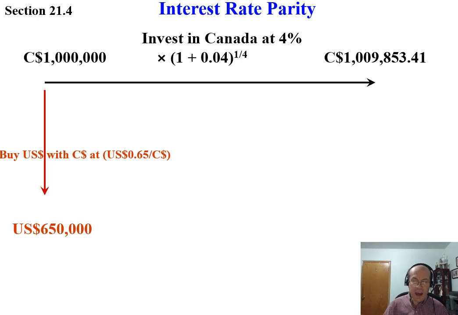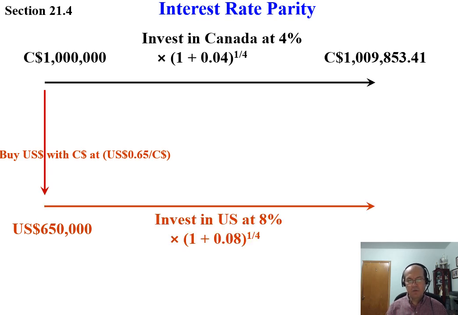Now we will invest this $650,000 at 8% interest rate in the United States for the same 90-day period. So to find out how much we will have in US dollars in 90 days, we will multiply 650,000 by 1 plus 0.08, and again to the power 1 over 4 because we invest for 90 days, for a quarter of a year.